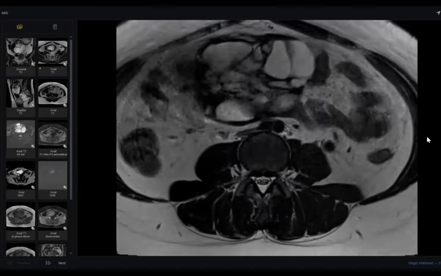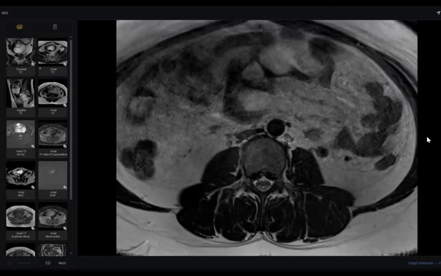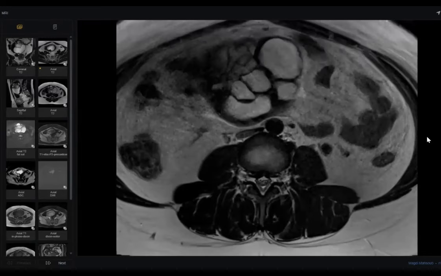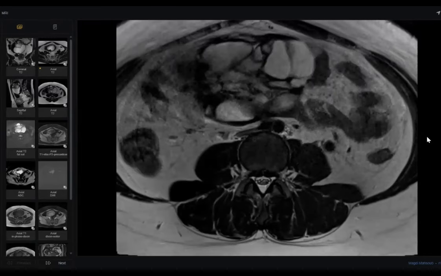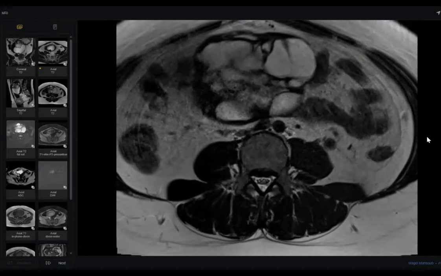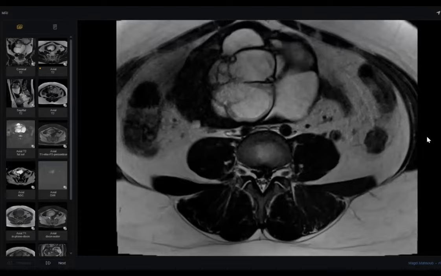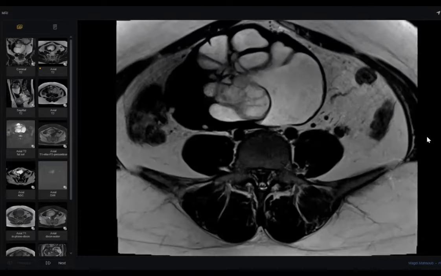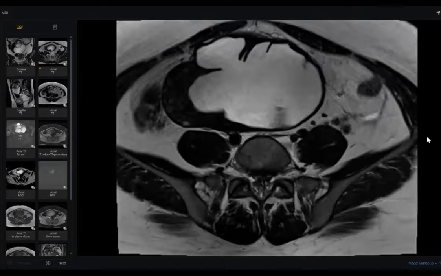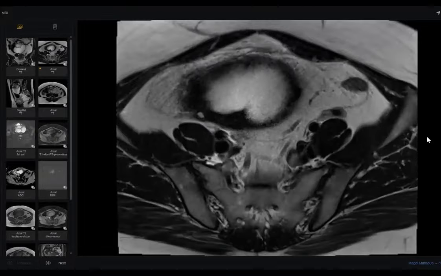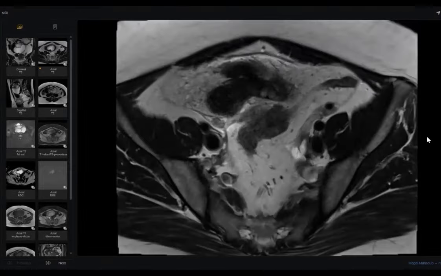Lesion is reaching up to the upper abdominal visible cuts. It is densely septated in its cranial part with thick internal septations. However, I could not appreciate any other significant solid component.